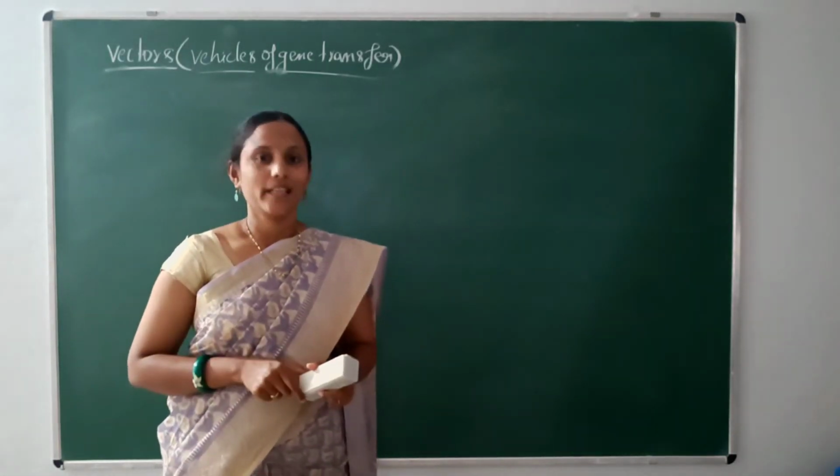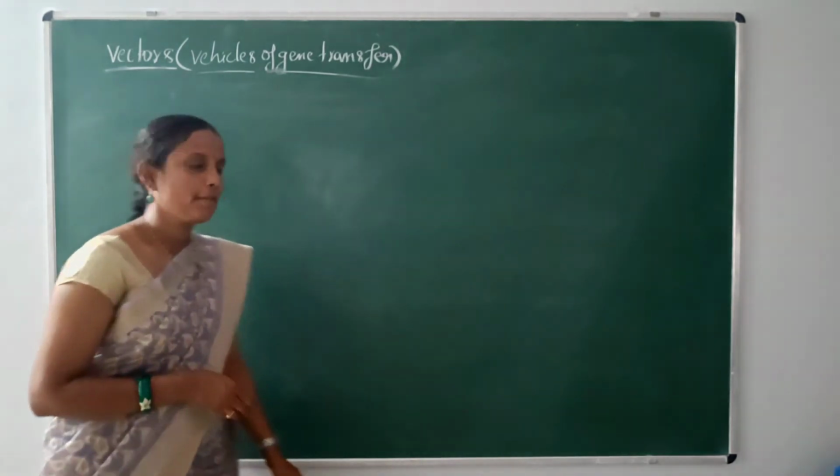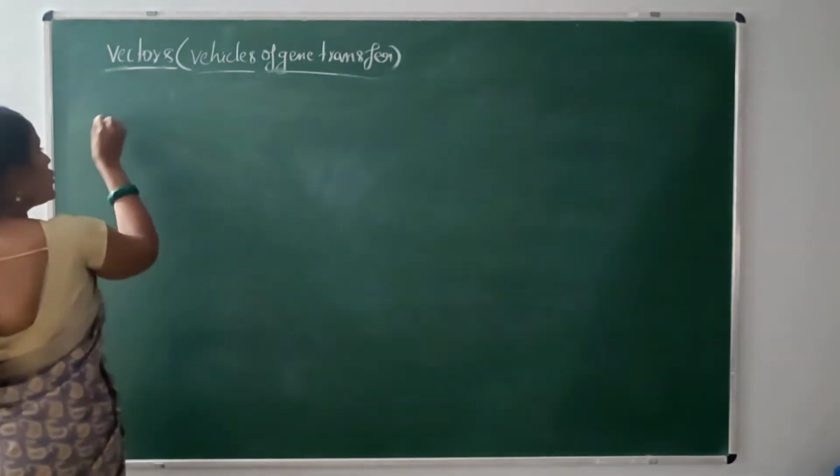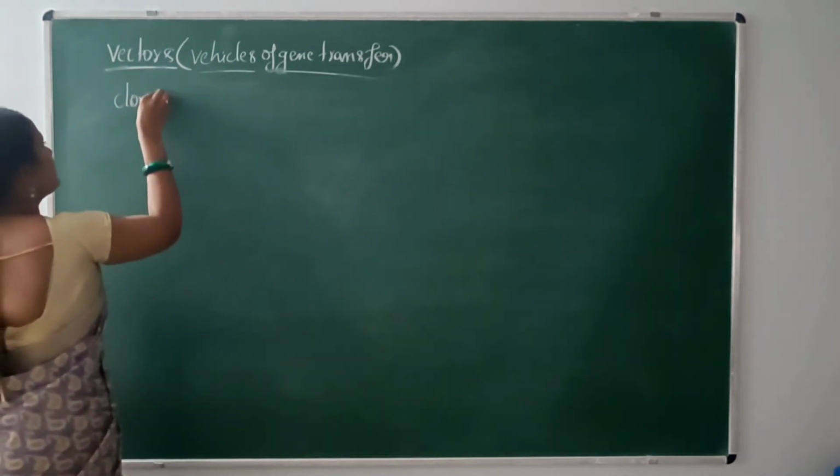The next criterion for using any DNA as a vector is that it should have the cloning site.